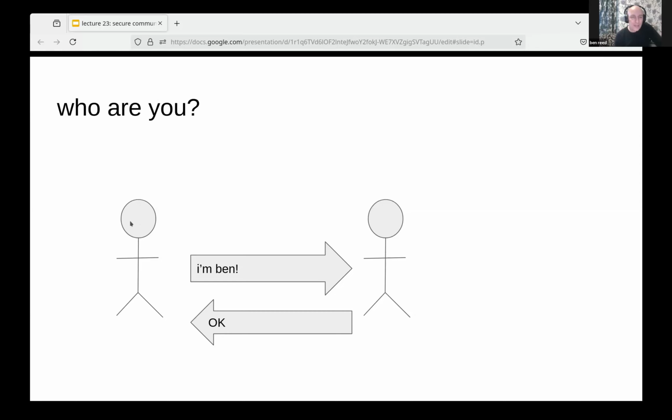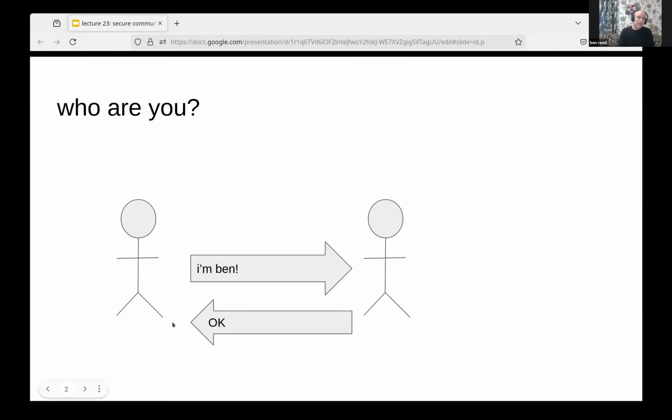We have the person on the right that wants to talk to Ben, and the person on the left that is Ben. So Ben's on the left, and Ben tells the person, hey, I'm Ben. And the person on the right believes them.